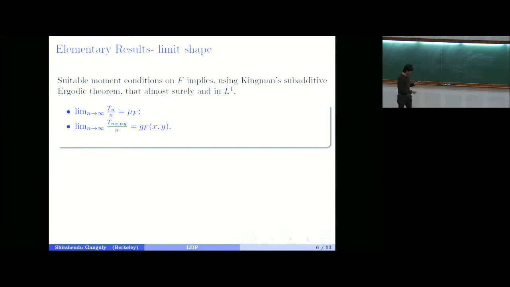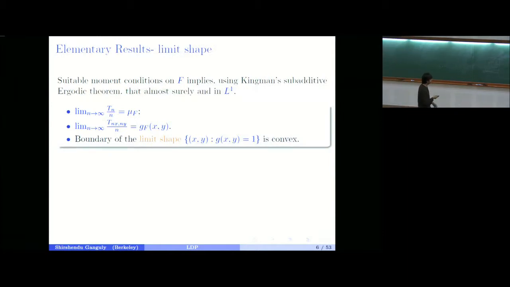So you can look at the distance function as a function of x, y, and a similar application of the ergodic theorem would tell you that the whole thing, as a process in x, y, converges to a shape theorem. Here Tnx, ny is the distance between 0 and the point nx, ny.